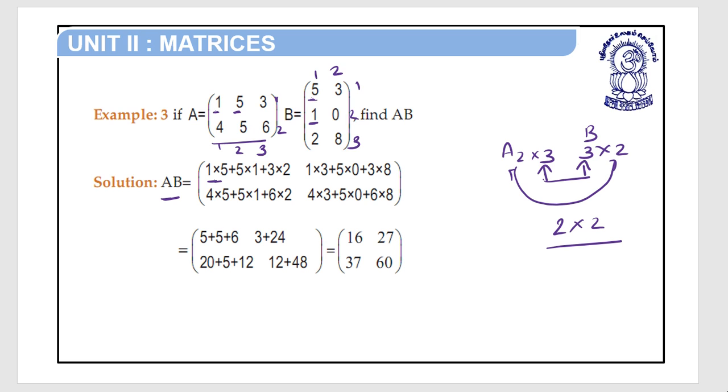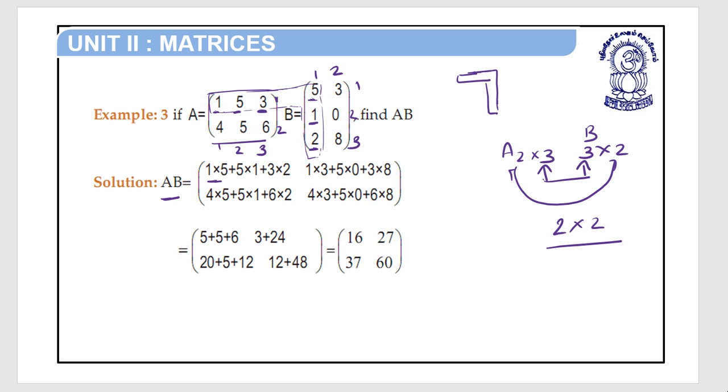Here the first row is multiplied with the first column, and it becomes like an L shape. First row, first column. So 1 into 5 plus 5 into 1 plus 3 into 2.